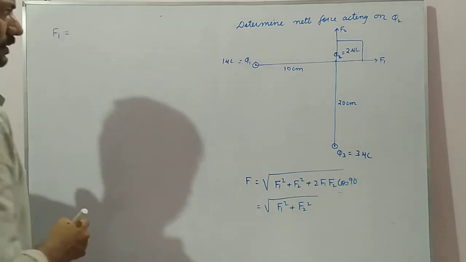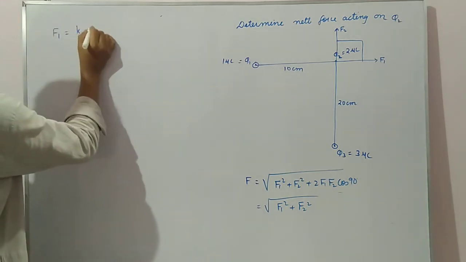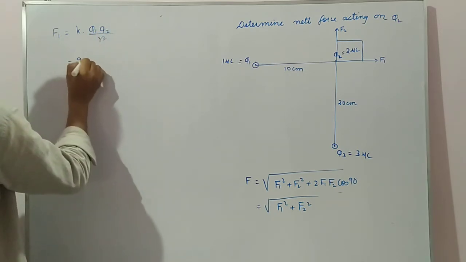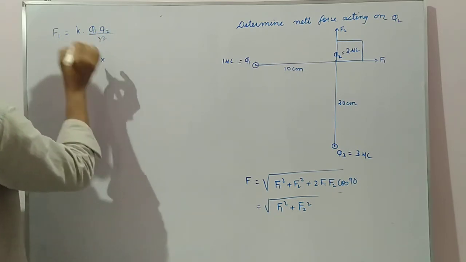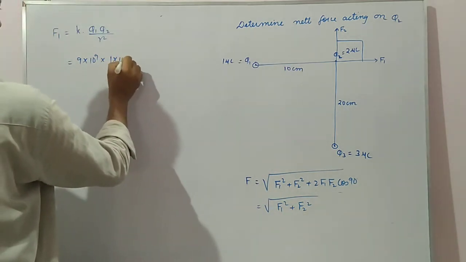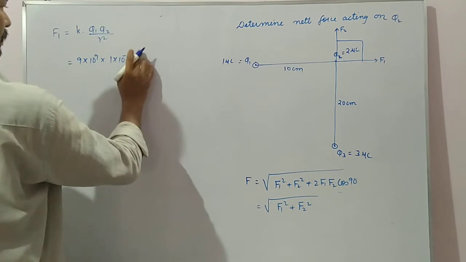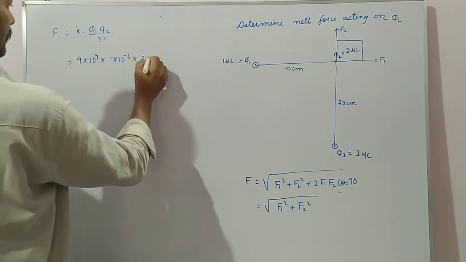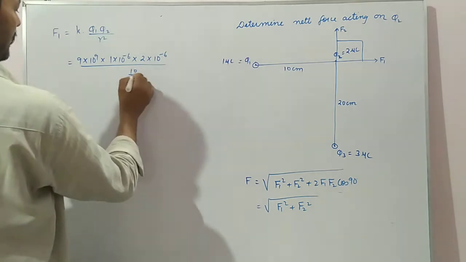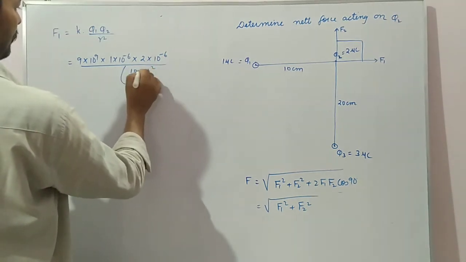F1 you can find out: K Q1 Q2 by R square. 9 into 10 to the power 9, Q1 is 1 into 10 to the power minus 6, Q2 is 2 into 10 to the power minus 6, by 10 by 100 the whole square.